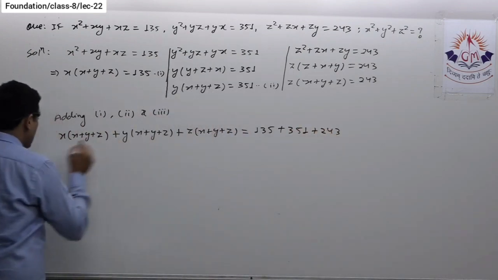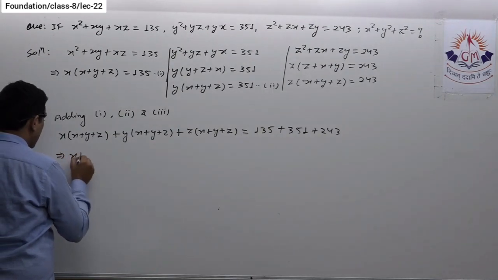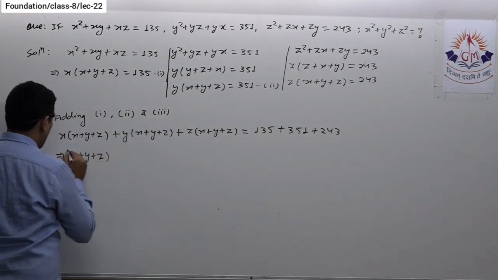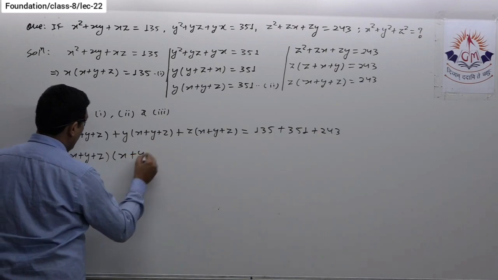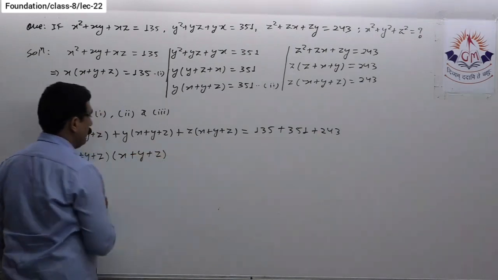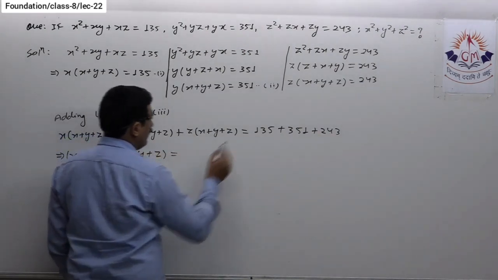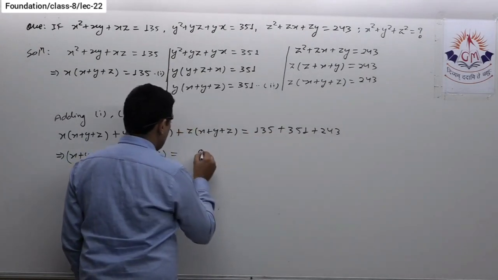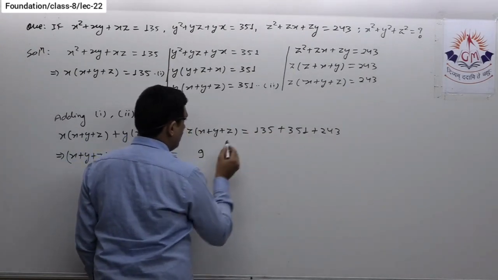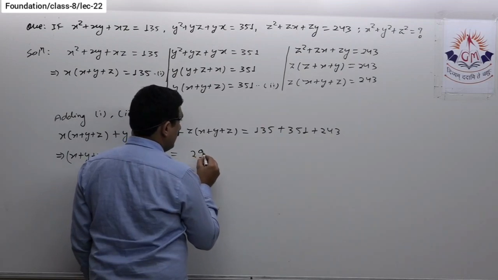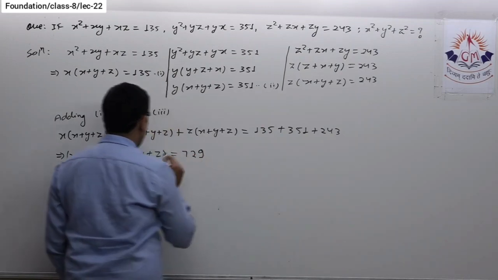Now from these three, definitely I can take x plus y plus z common, leaving x plus y plus z in the bracket, is equal to 729.